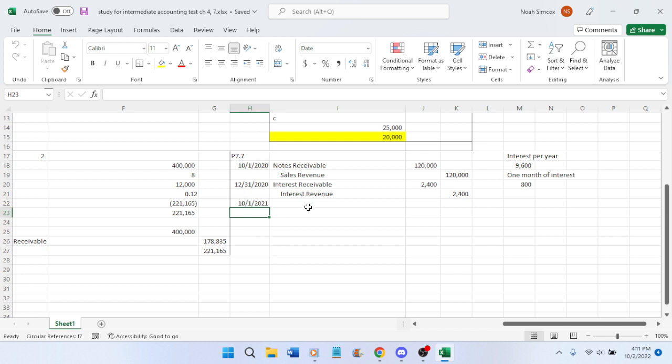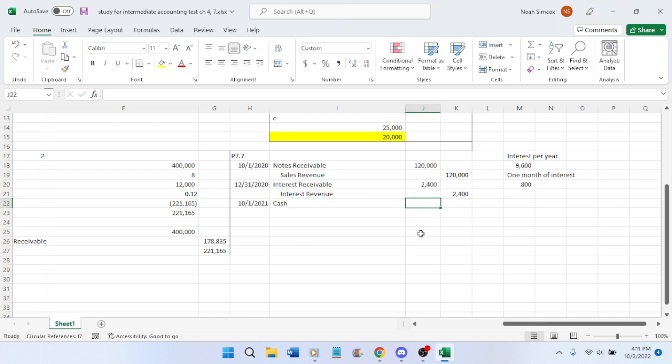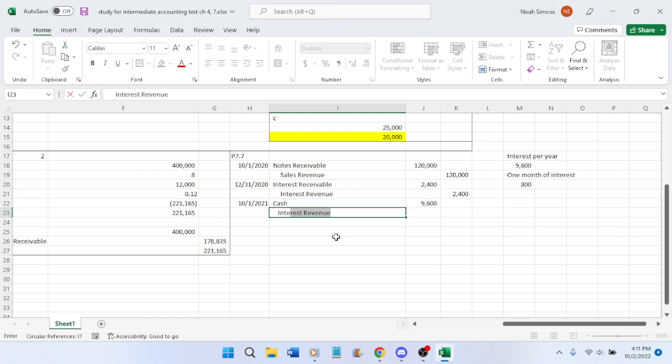They received a cash payment of what? Well, they received the full year of interest cash payment, so this. So now they are not owed any interest. Their interest receivable is now going to be decreased.